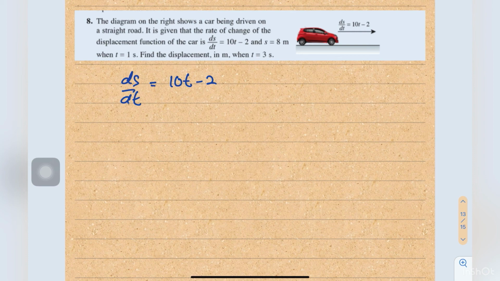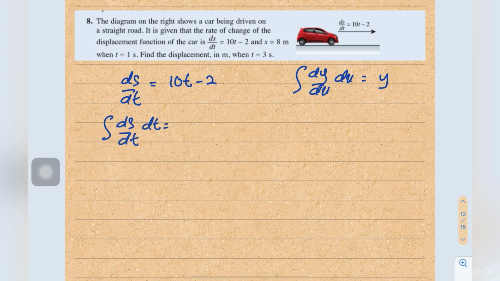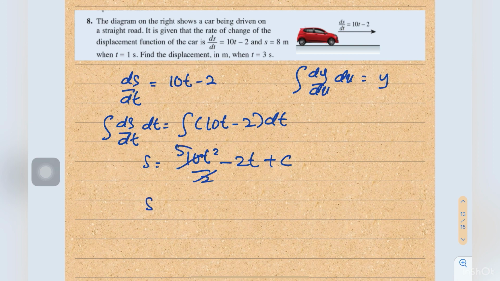Previously we know that if we have dy/dx, we integrate with respect to x, we get y. So in this situation, to get s, we need to integrate both sides with respect to t. Integrate 10t minus 2 with respect to t. So we get s equals 10t squared over 2 minus 2t plus c, so s is 5t squared minus 2t plus c.